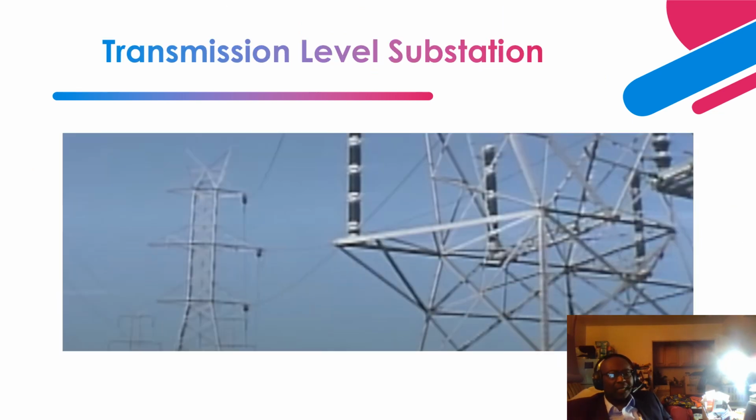Now let's take a look at this nice picture. Remember I made mention that if you have a substation, you need to protect the substation, and lightning surge arresters are utilized for that purpose.